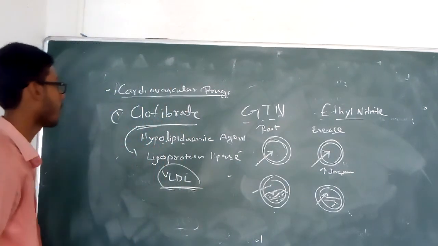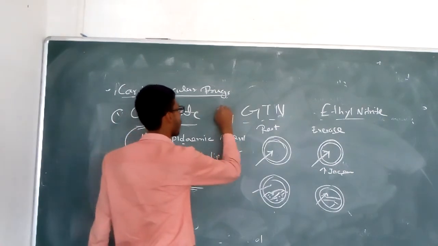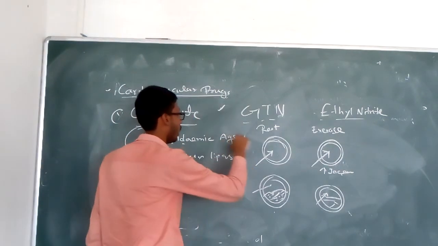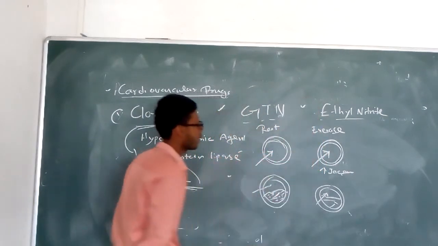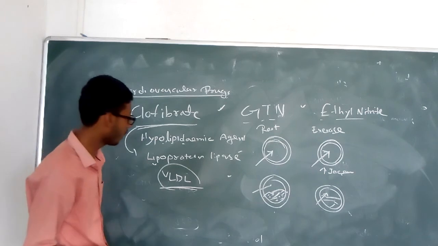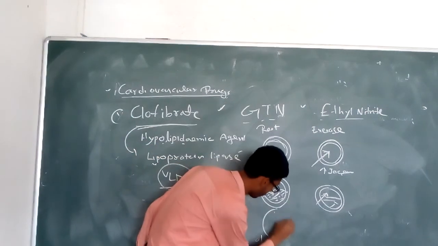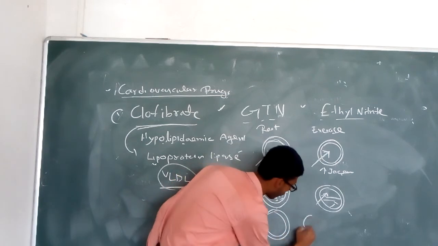treated by the coronary vasodilators. The example of the coronary vasodilators is the glyceryl trinitrate and ethyl nitrite. In another case, if you consider the blood vessels and the spasms.